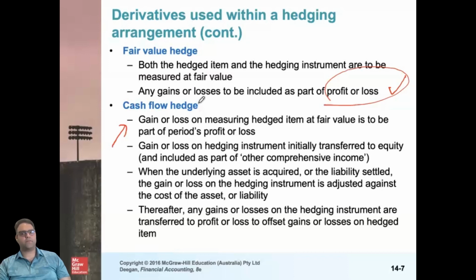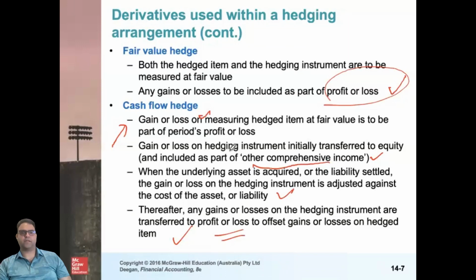Whatever profit or loss comes up in cash flow hedging, first of all, it goes to the equity part. In the equity part, it goes under other comprehensive income. Then you need to add the cost of the asset and the liability to that. And in the last step, you adjust for the financial instrument to the profit and loss account. So in the end, it will transfer to the profit and loss account.